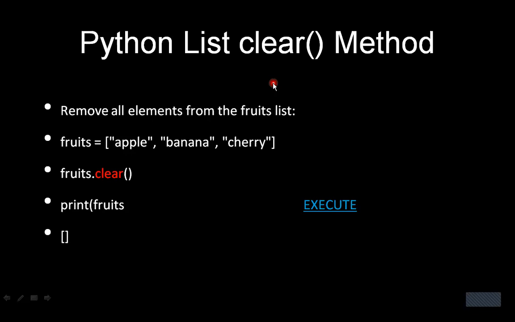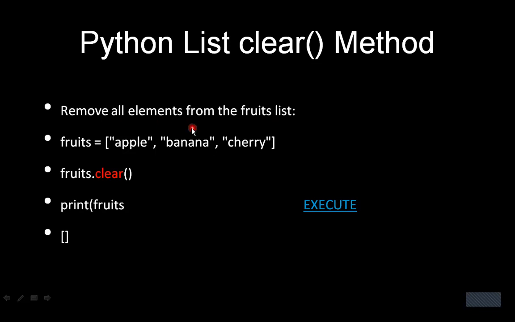Similarly, in Python, the clear method is used to remove all the elements from any given list. So the main usage of clear is that it removes all the elements from the given list.